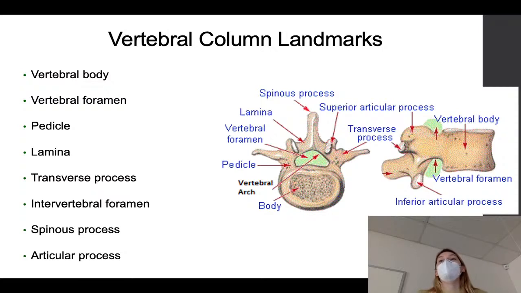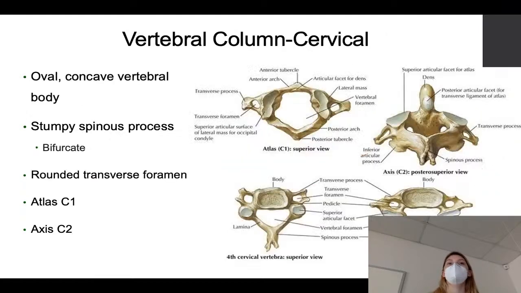So that's where the vertebra above it will sit. And we have the inferior articular processes, where this one will sit on the next. So the inferior articular process of maybe L1 is going to articulate with the superior articular process of L2. Okay. Any questions on that? Okay.